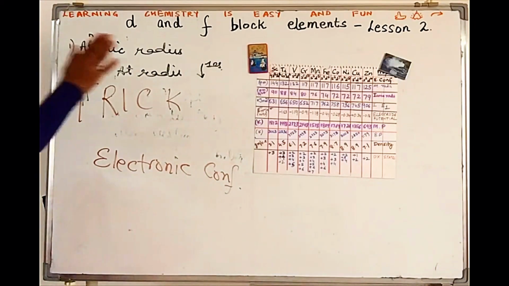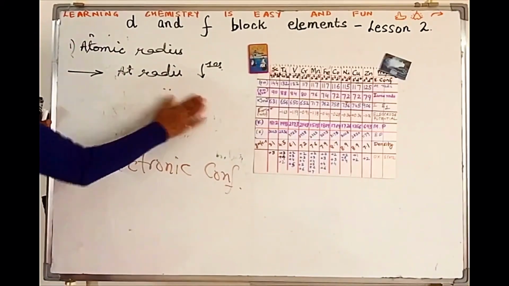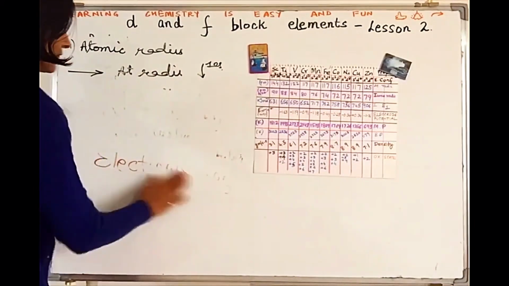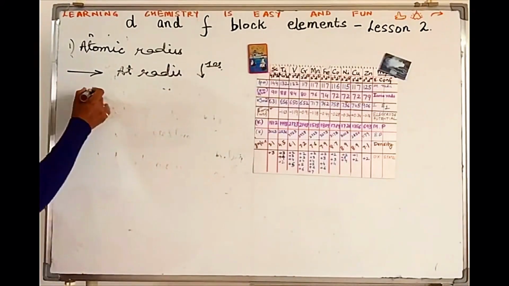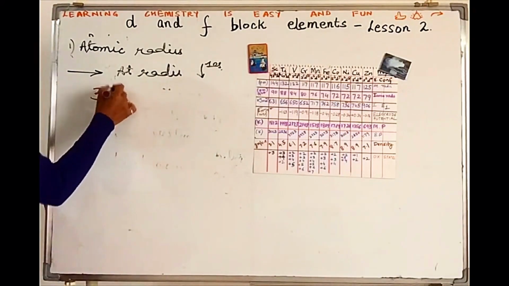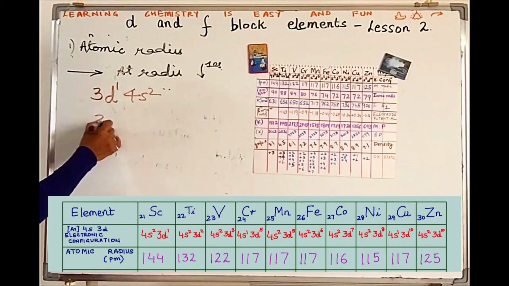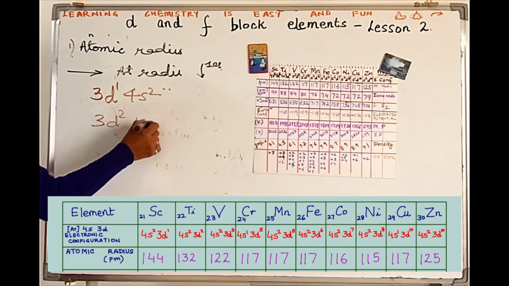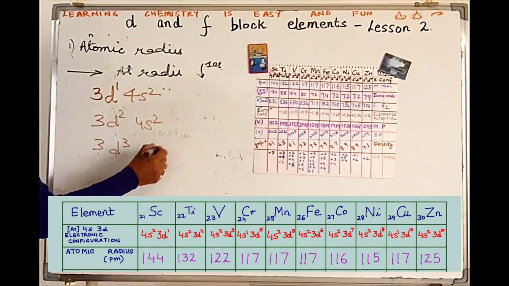So, let's see the electronic configuration. Oh yes, you already know it, because we are filling up the electron in the penultimate shell. So we have the configuration 3d1 4s2, 3d2 4s2, 3d3 4s2, right?